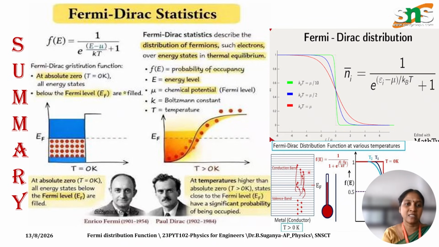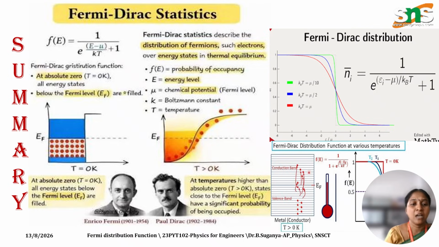Fermi-Dirac statistics, what we discussed now. Its expression is f(E) equal to 1 by 1 plus e power (E minus EF) by kT. Fermi-Dirac statistics describes the distribution of fermions such as electrons over energy states in thermal equilibrium.